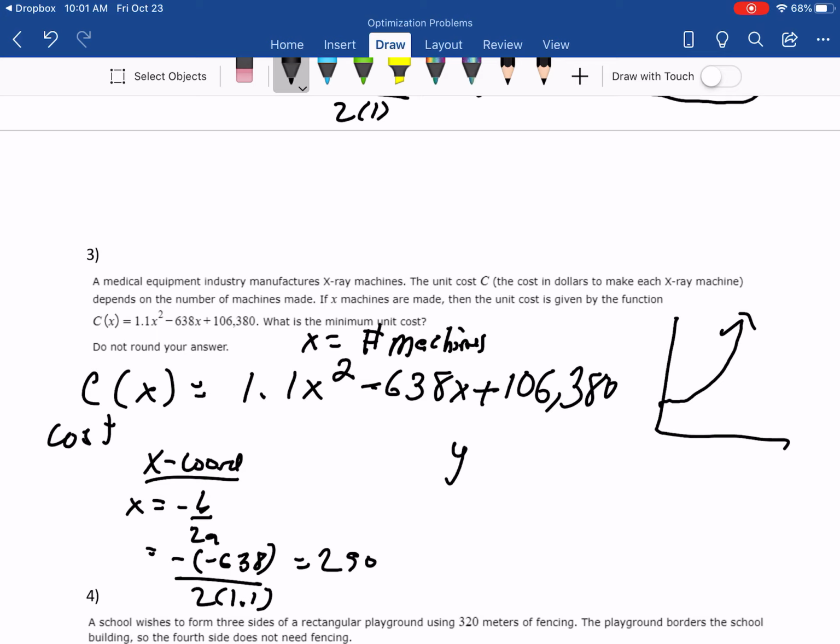To get the unit cost of producing 290 machines, we need the y-coordinate.